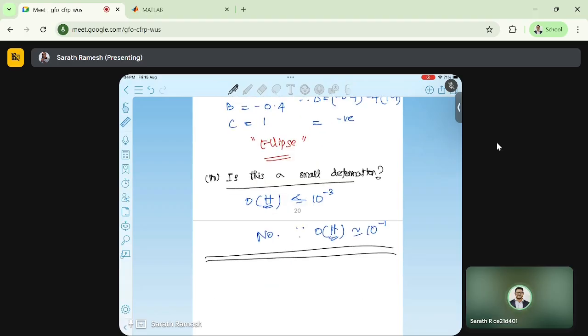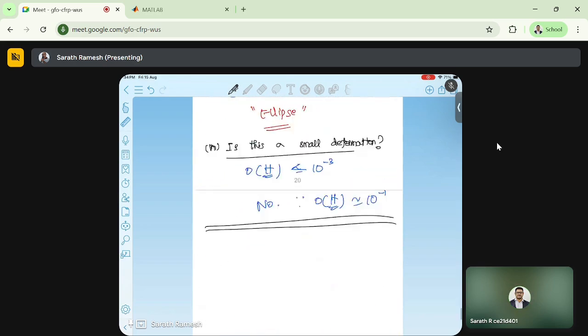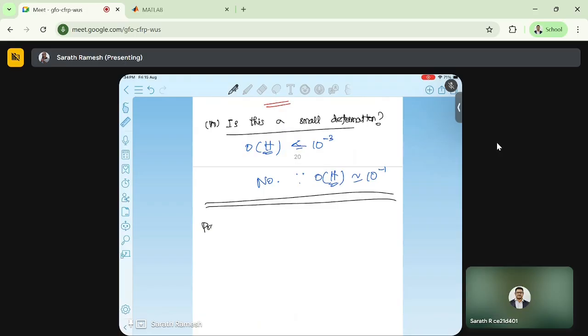Fine. Let's move on to the second question. Last question for today, problem number 2. Some of the parts will repeat, but the given is different. What is given in the question is, instead of a deformation field, a displacement field: ux is equal to 0, uy is equal to y plus z times 10 power minus 4, and uz is equal to y minus z, again times 10 power minus 4.